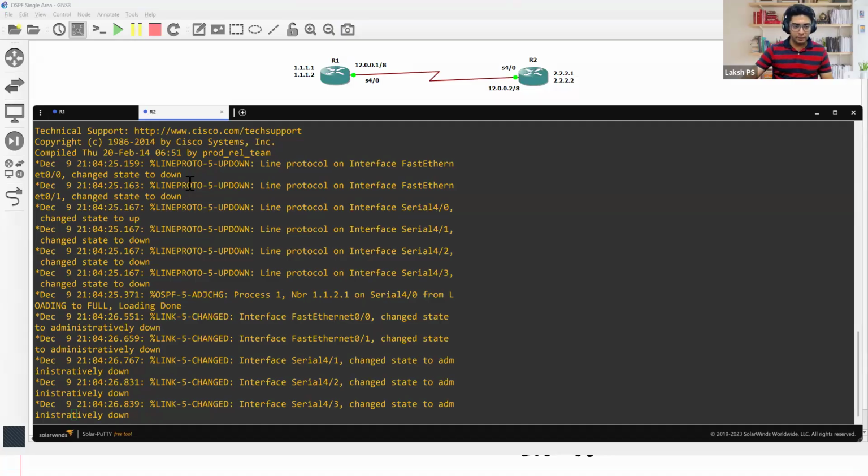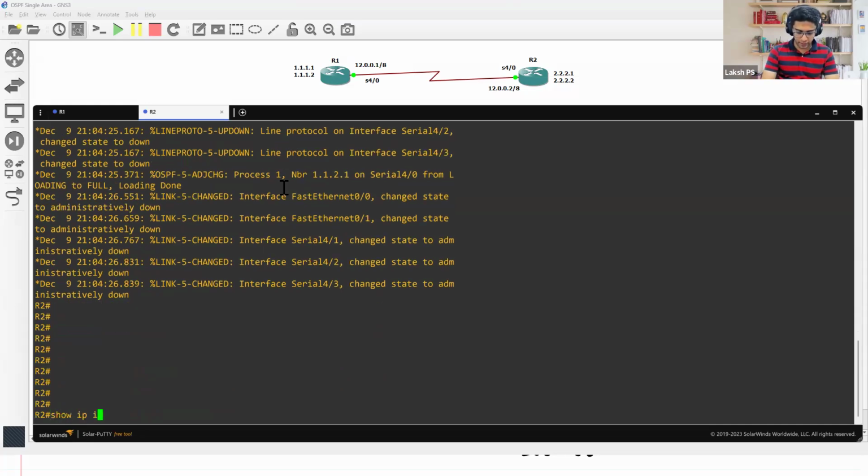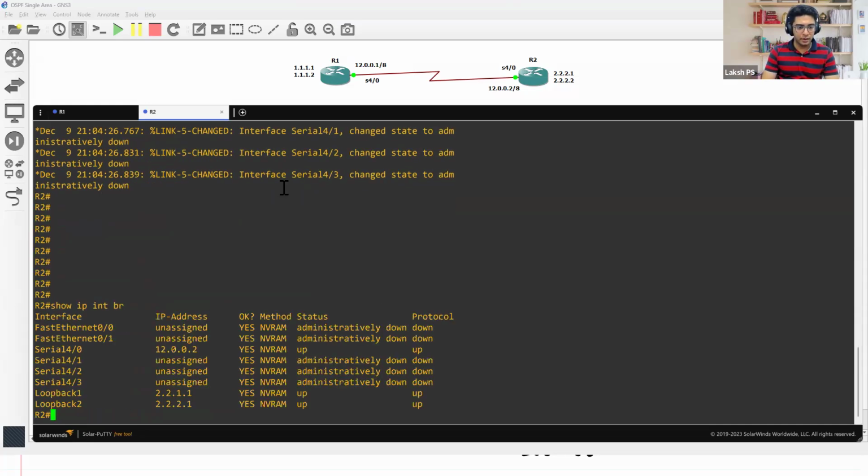Now let me quickly check. Show IP interface brief. IPs are already created.